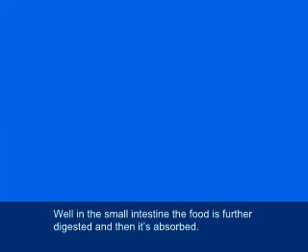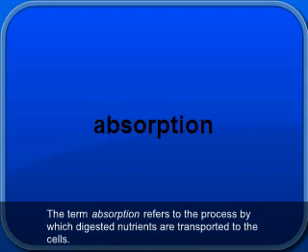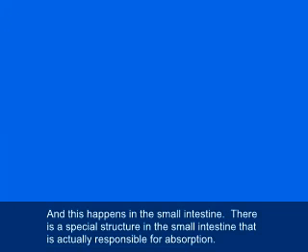Well, in the small intestine, the food is further digested and then it's absorbed. And the term absorption refers to the process by which digested nutrients are transported to the cells. And this happens in the small intestine, and there's a special structure in the small intestine that is actually responsible for absorption.